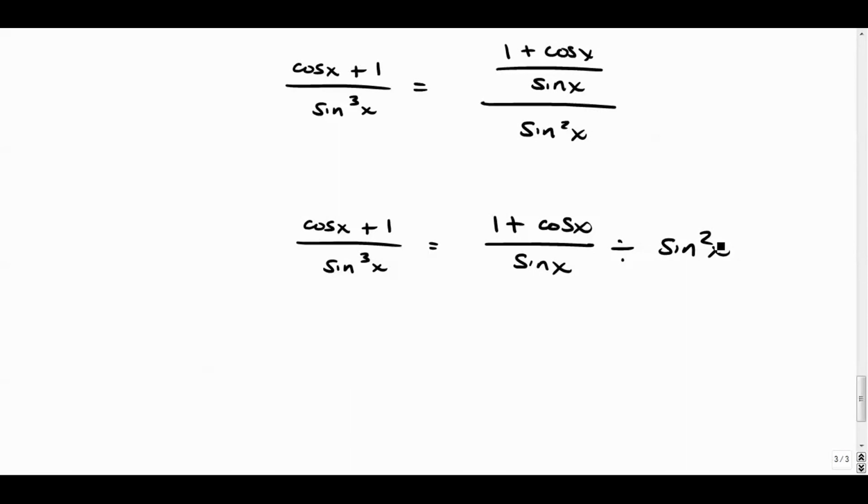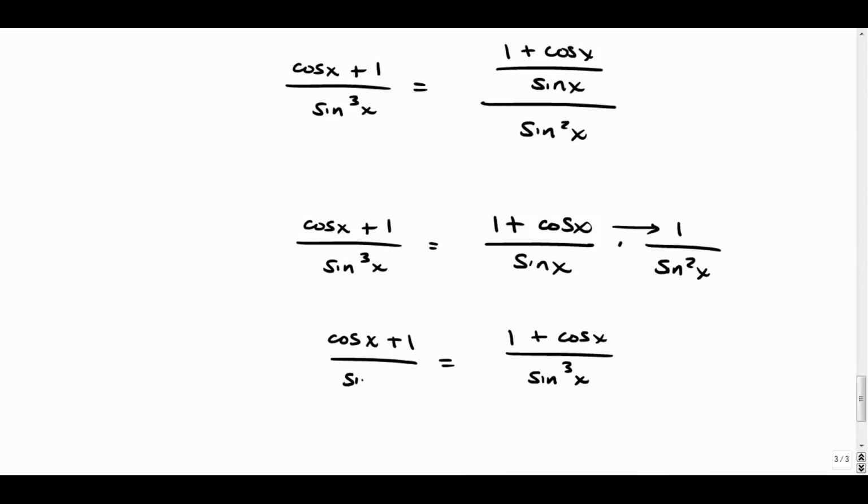So if I write that horizontally, I can see that dividing by something is the same as multiplying by its reciprocal. So I'm going to multiply by 1 over sine squared x. And now if I multiply right across the top, my numerator doesn't change. And my denominator, of course, is sine to the 3rd power.